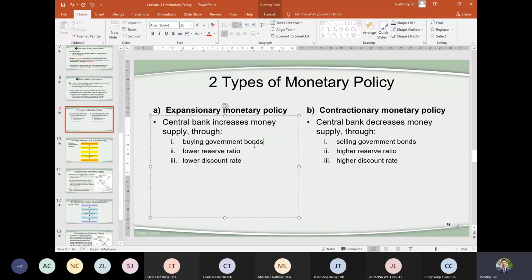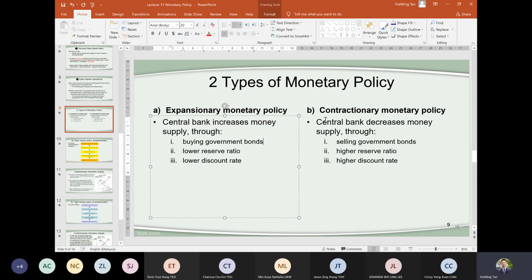These three tools should be used at the same time in order to improve the situation of unemployment or recession. These three tools are more suitable when the economy is not good, and the policy is called expansionary monetary policy.